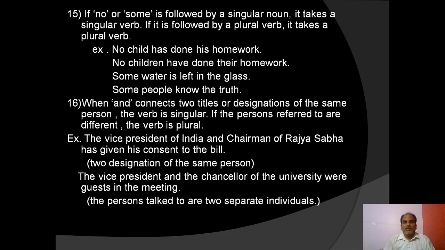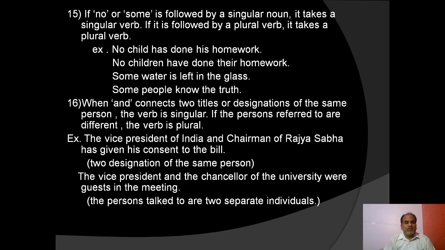Here no children have done their homework. Have is there because of children. Some water is left in the glass, some people know the verb. So, if no or some is followed by a singular noun, it takes a singular verb. If it is followed by a plural noun, it takes a plural verb.